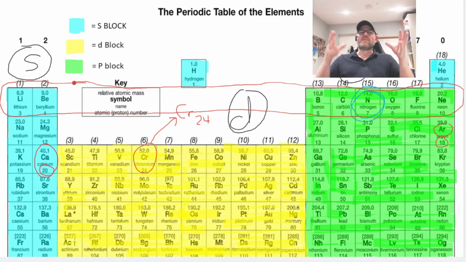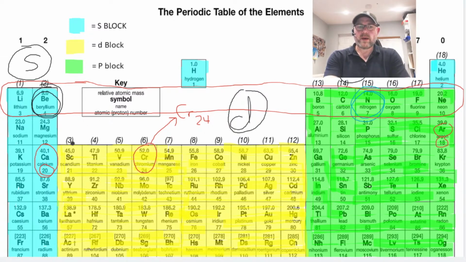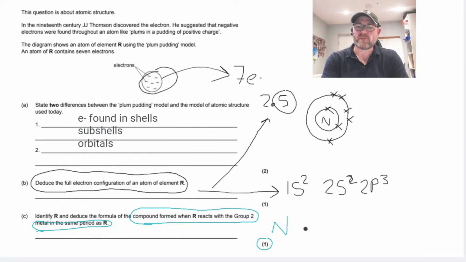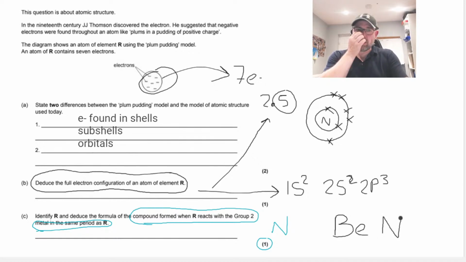Which is the group 2 metal in period 2? What's the group 2 metal in period 2? You probably can't see on here. I've covered it in so much writing and graffiti. Yeah, so we've got beryllium. Now, going back here, nitrogen and beryllium are going to form a compound, and beryllium being a metal and nitrogen being a non-metal, you can tell me, is it going to be covalent or ionic?